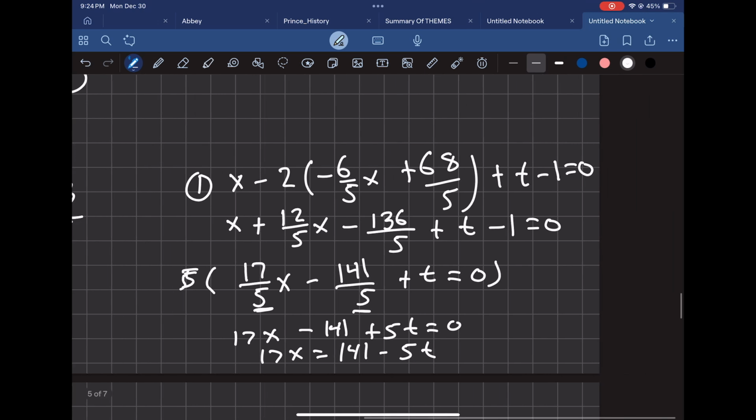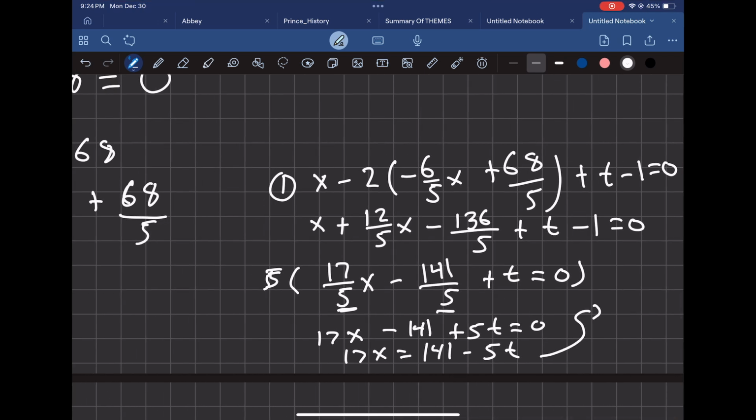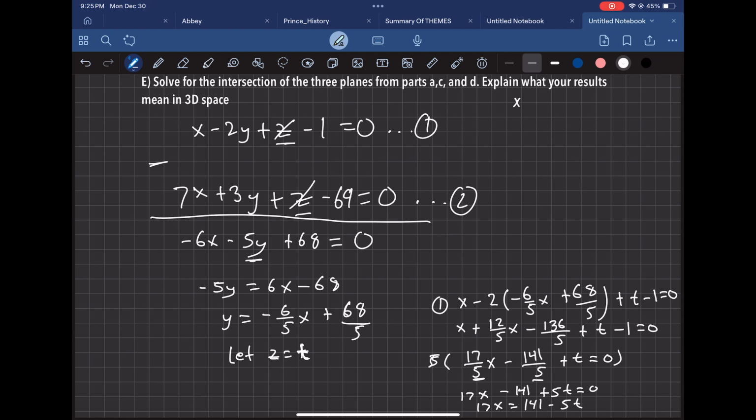And now isolating for x, we get x equals 141 over 17 minus 5 over 17t. Alright, so that is our x value. Our z value, z equals t.